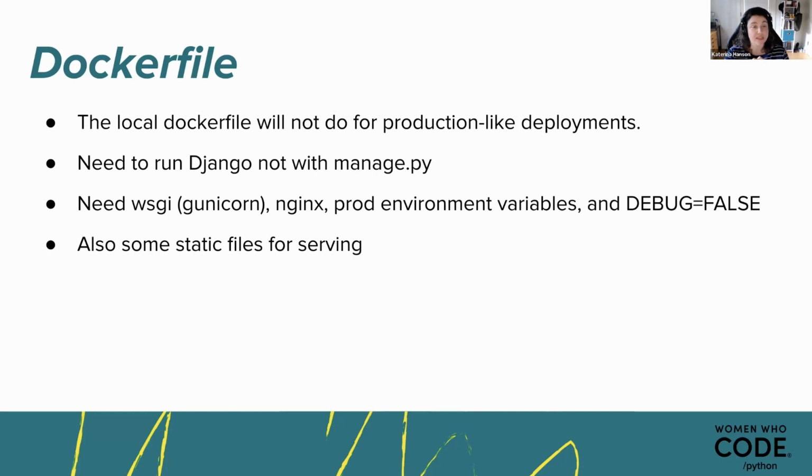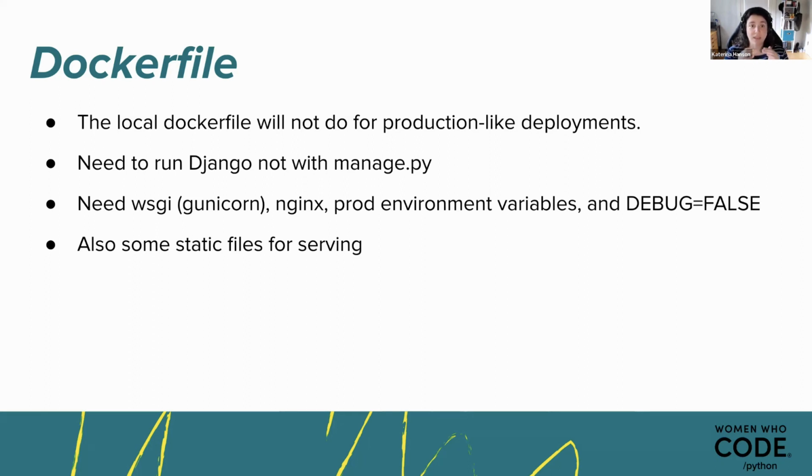Specifically, I needed to run Django without the manage.py runserver command. Django doesn't do well on its little local development server in a production-like scenario. The typical way that you usually set up Django in a production scenario is with a WSGI server, in this case, Gunicorn. There are others that you could pick, but Django works really well with Gunicorn, so why not?